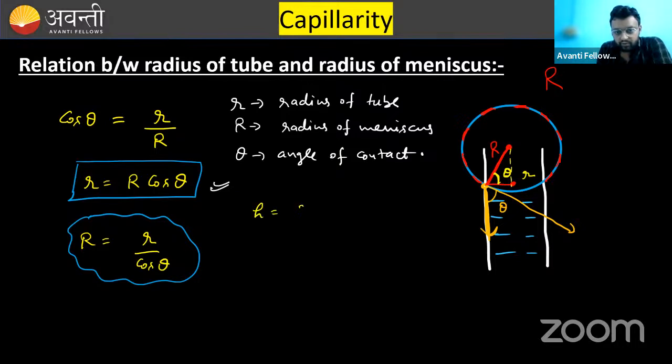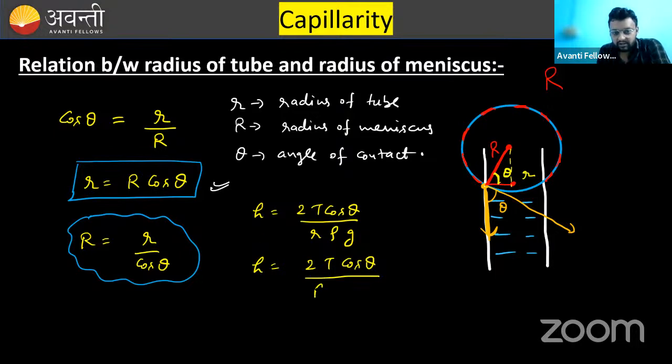H is equal to 2T cos theta divided by r rho g. If you place the value of r, it will become H is equal to 2T cos theta divided by R cos theta rho into g.